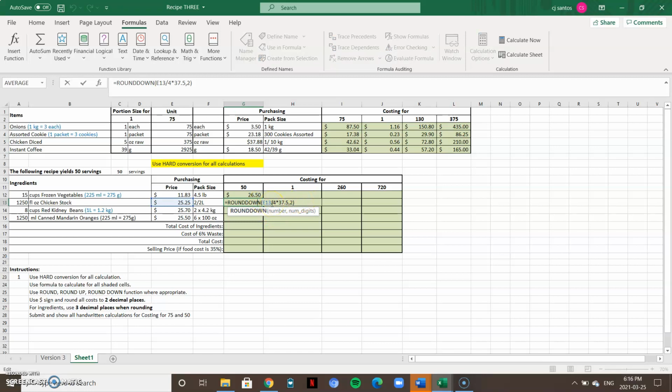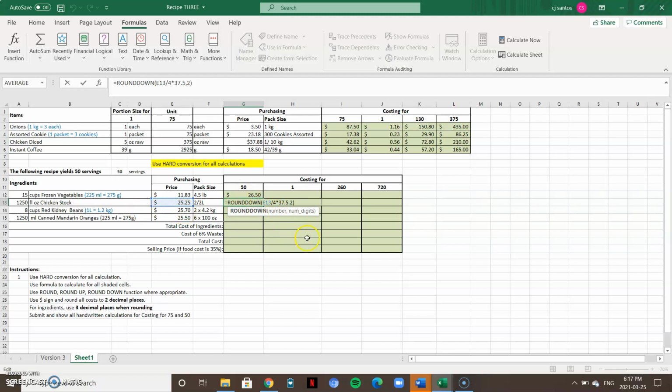Then for the chicken stock, what I did is I put everything in one bracket because it didn't show me the same answer on the calculator. So I put $25.25 divided by 4 liters because 2 times 2 equals 4 liters. Then I would multiply that by the fluid ounce, but the functions won't match, because it's fluid ounce and liters. So what I did is I convert the fluid ounce to liters.